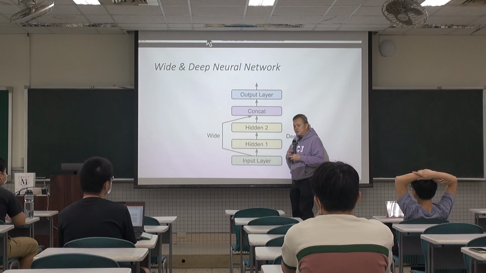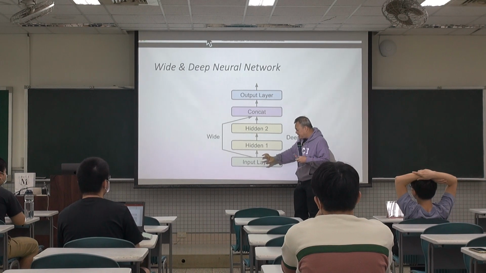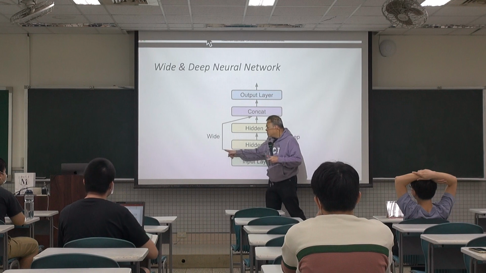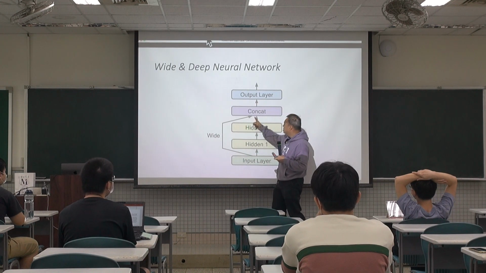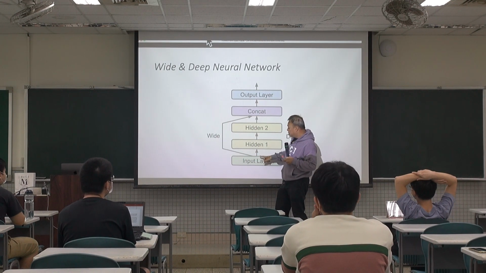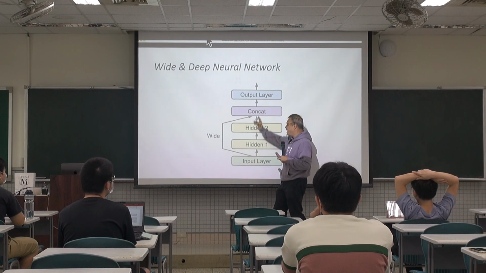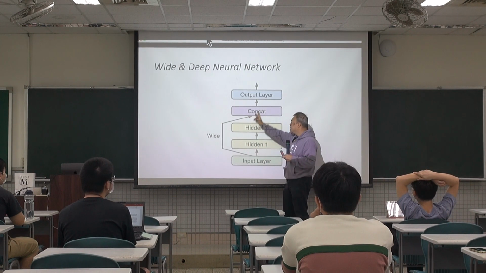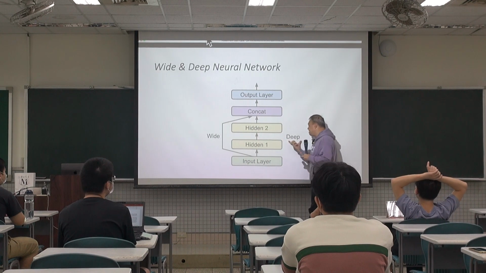here's the interesting part. This input actually has a second path. It goes directly to here. So you can see that this input data actually has two paths. One goes through here, one goes through here. We call this path deep.